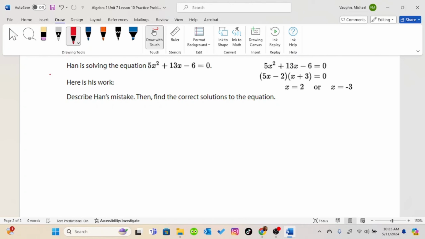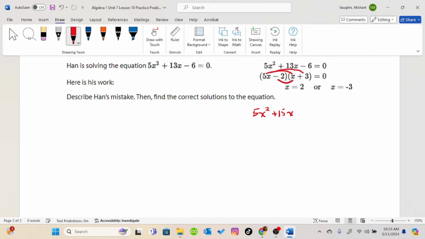So if we looked at FOIL, 5x times x would be 5x squared. 5x times 3 would be 15x.